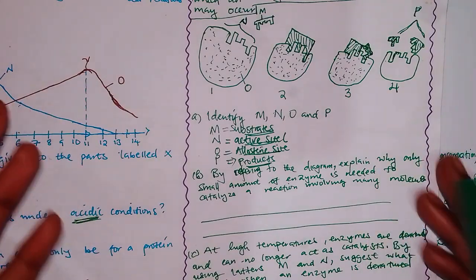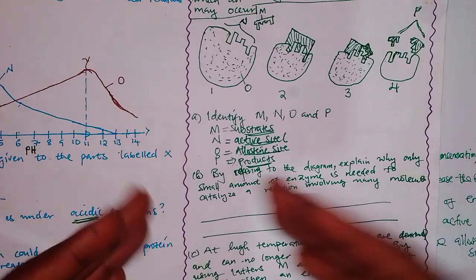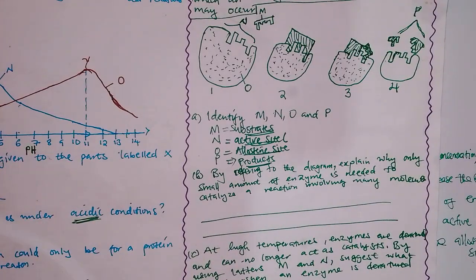So here you can explain the lock and key mechanism, where we say that each enzyme has a specific substrate or a narrow range of similar substrate which it can catalyze because of the complementary shapes.